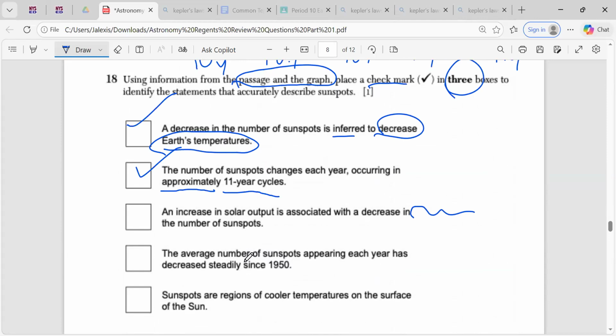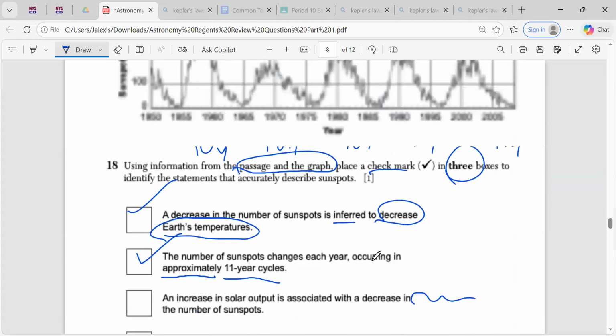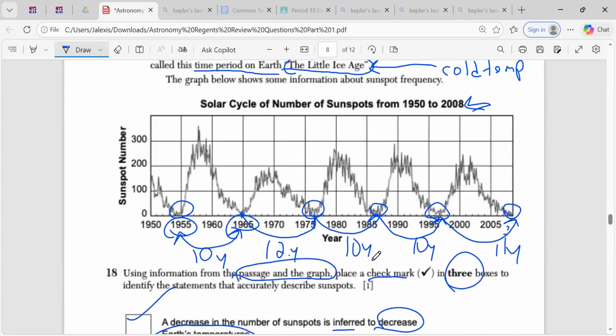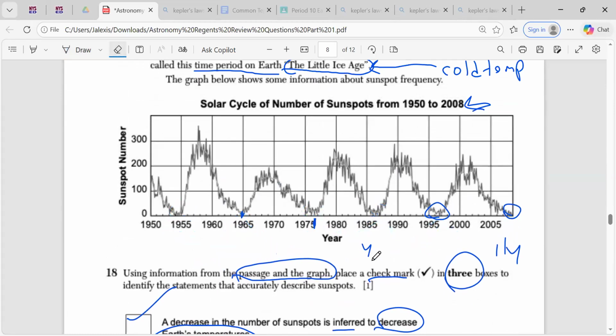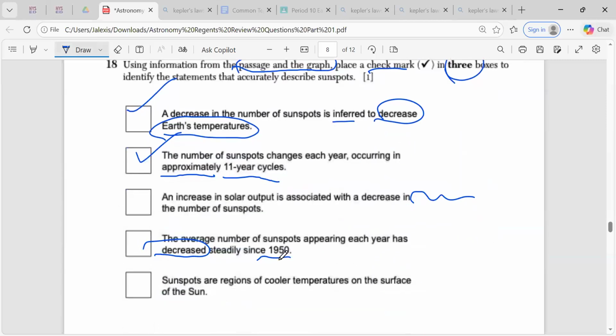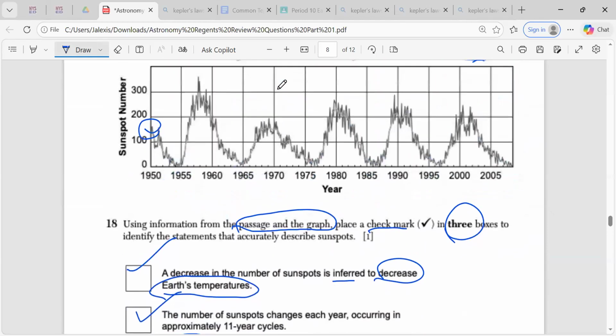It says the average number of sunspots appearing each year has decreased steadily since 1950. When I take a look, and let me erase all this other stuff, since 1950, which is right here, it says sunspots have decreased each year since 1950, right?